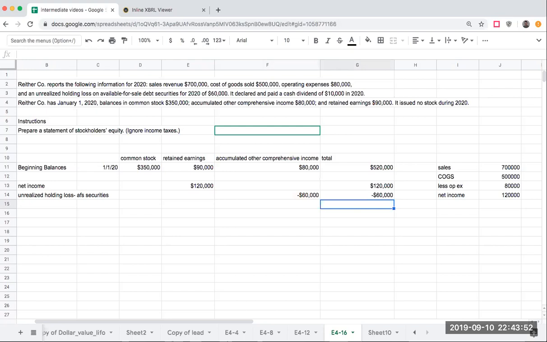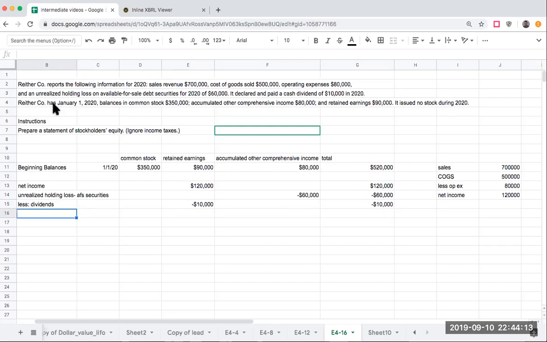Beyond that, I have my dividends. I declared and paid a cash dividend, so less dividends. The dividends come out of my retained earnings, which gives me 10,000 over here.